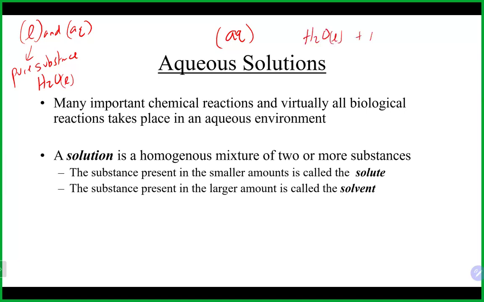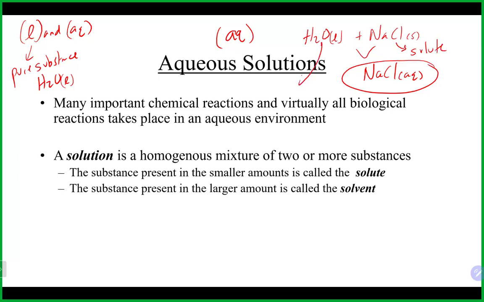If you took the water plus the solid sodium chloride and put them together, the salt would dissolve in the water and you would get a sodium chloride solution that's aqueous. The solute is the sodium chloride in this case, and the solvent would be the water.